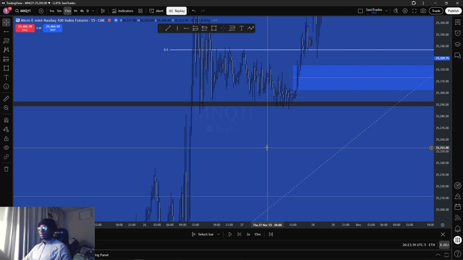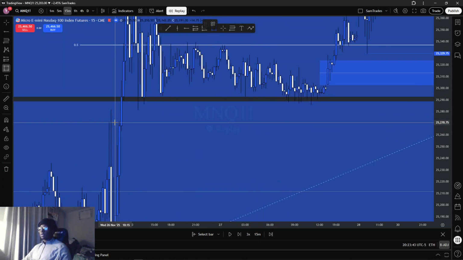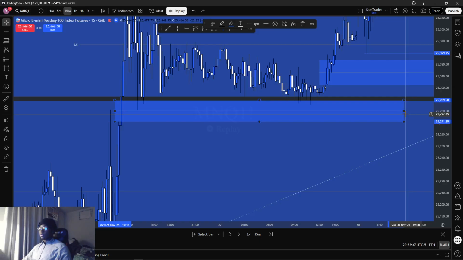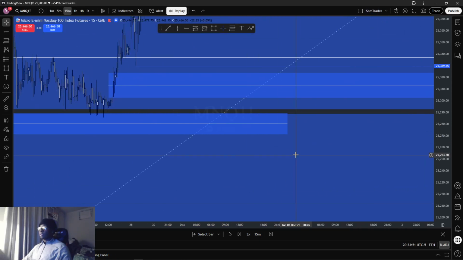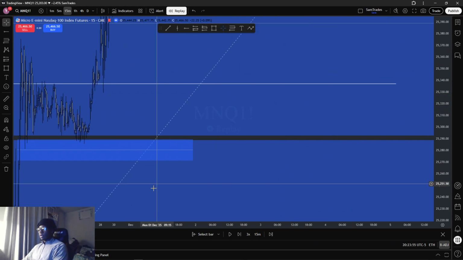There's a couple more gaps here as well that could be a point for price to draw to. So if there's more points below that point, it kind of gets invalidated because we gotta pass it anyways.